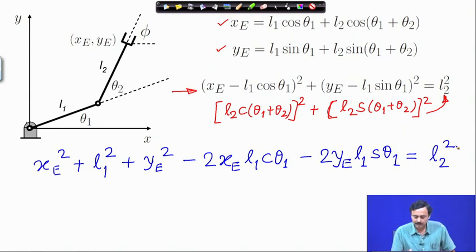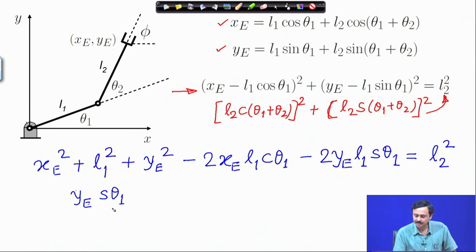Once again, let us remind ourselves, we are given x e y e, and we have to find out theta 1. This expression that I have written out, I can rearrange like this. I am taking these expressions on the right hand side and dividing by 2 L 1.